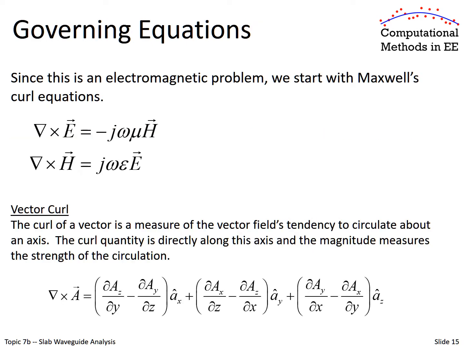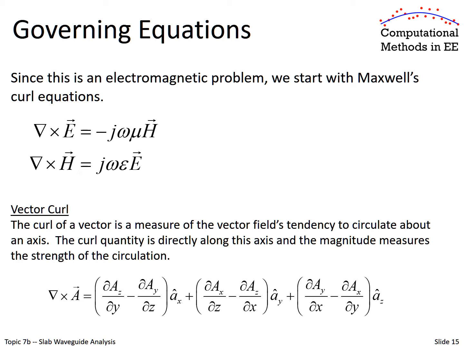So we start with Maxwell's curl equations. And for those of you that are not real familiar with vector calculus, this little upside down triangle is called the del operator, and the x is a cross product. So when we do an operation del cross a vector, we're calculating what's called the curl.